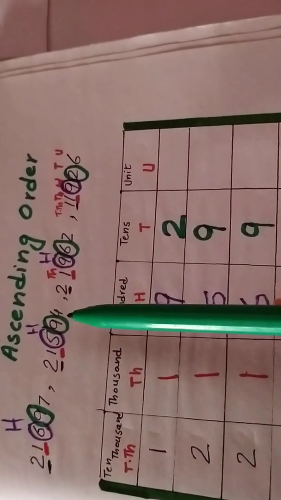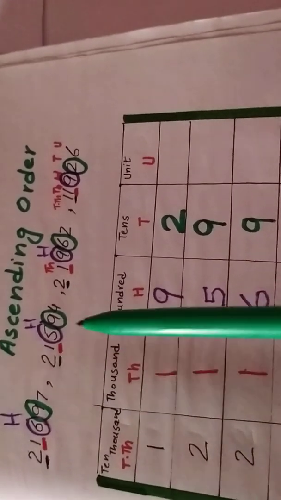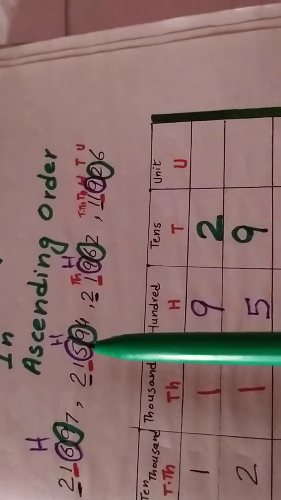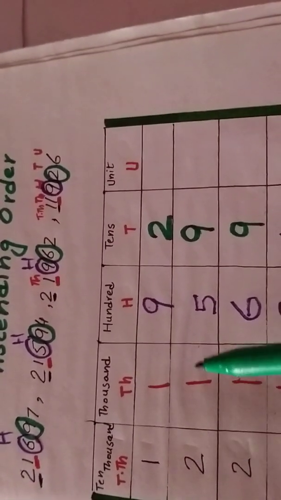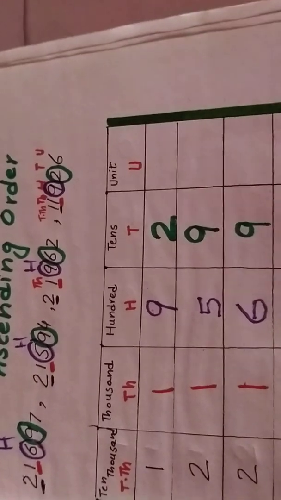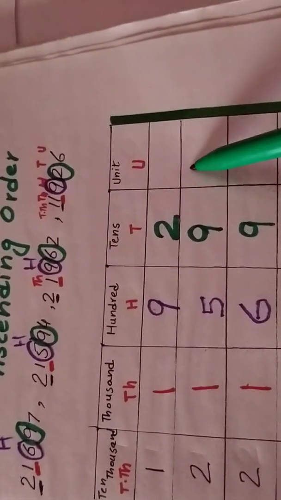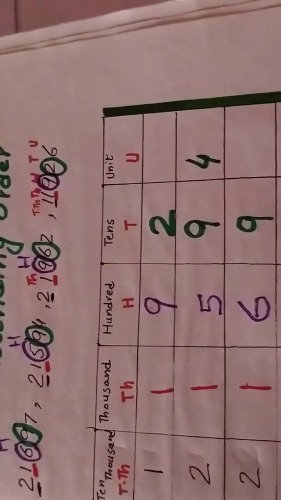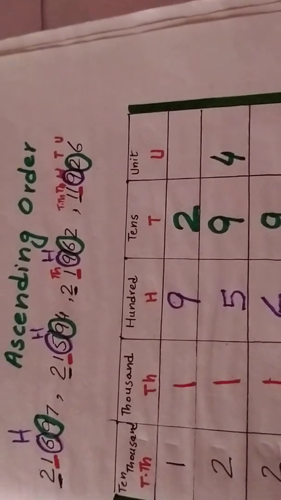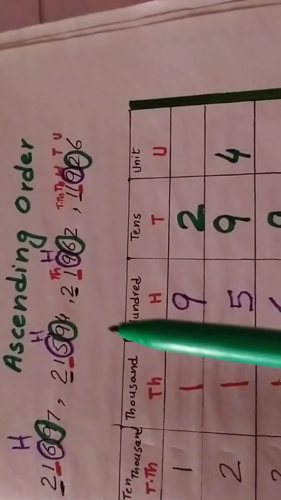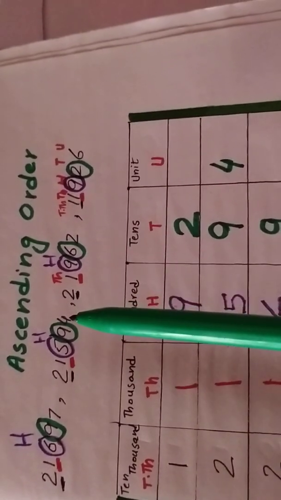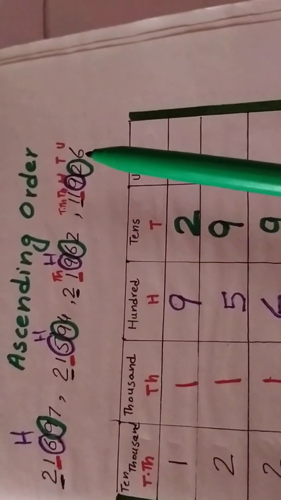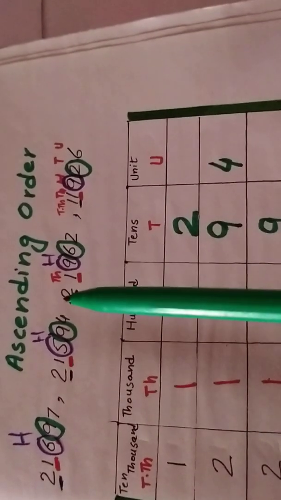We write 4 with their family: 21594. In unit place, 2 is smallest, 4 is greater, then 6 is greater.